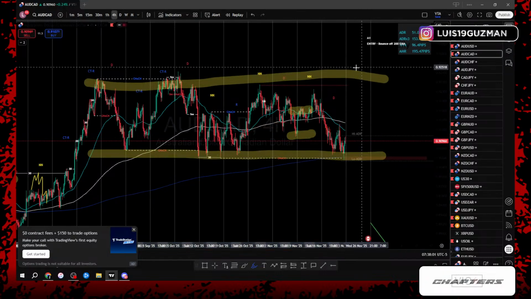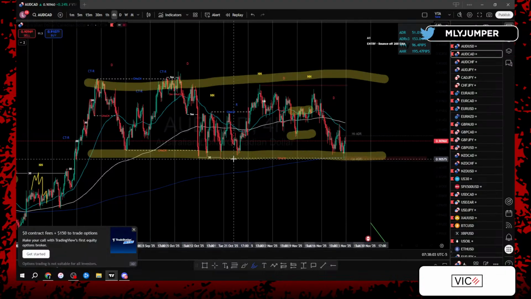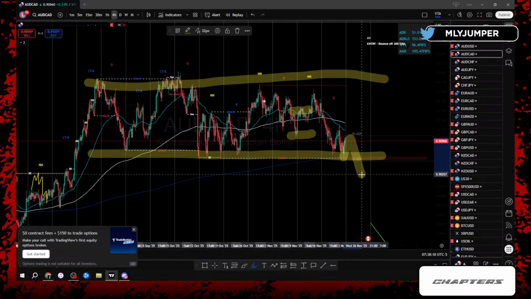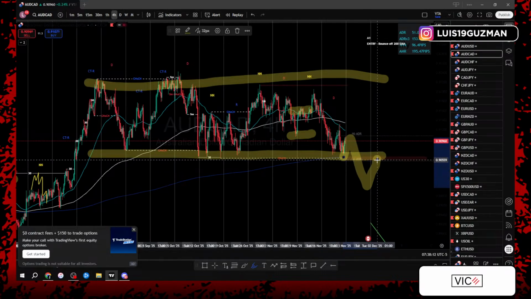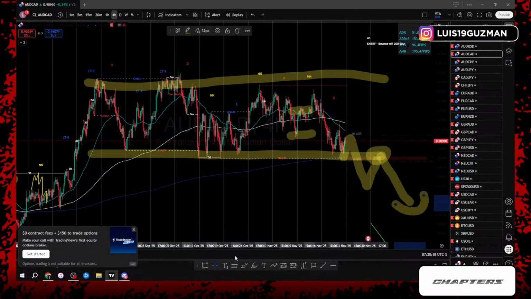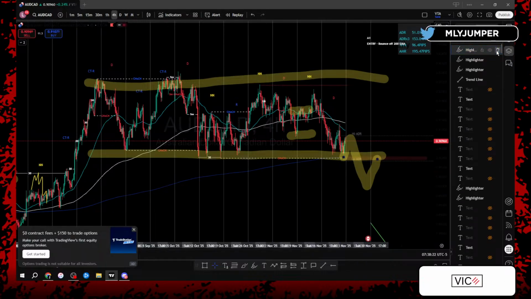Now, if price gives us the change of character, which it did at the lows, it comes up and then it gives us a break of structure, lower low, lower high, then again, best believe I'll be looking to take these trades to continue that downtrend push. But as of right now, there's nothing on AUDCAD.